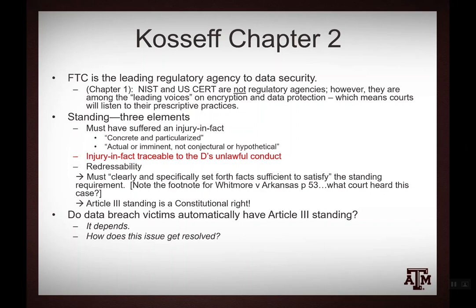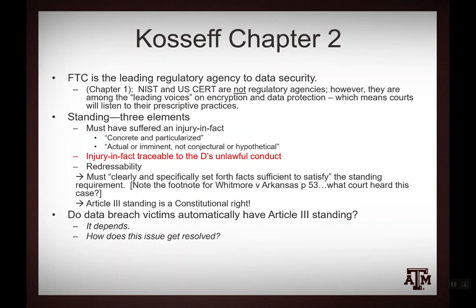It has to be concrete and particularized, and it must be actual or imminent, not conjectural or hypothetical. Let me give you an example relative to cybersecurity. Many say that if you're the victim of a data breach, you have to have actual damage. You must fulfill this prong. Other courts have interpreted actual damage as being just the threat of your identity being stolen.